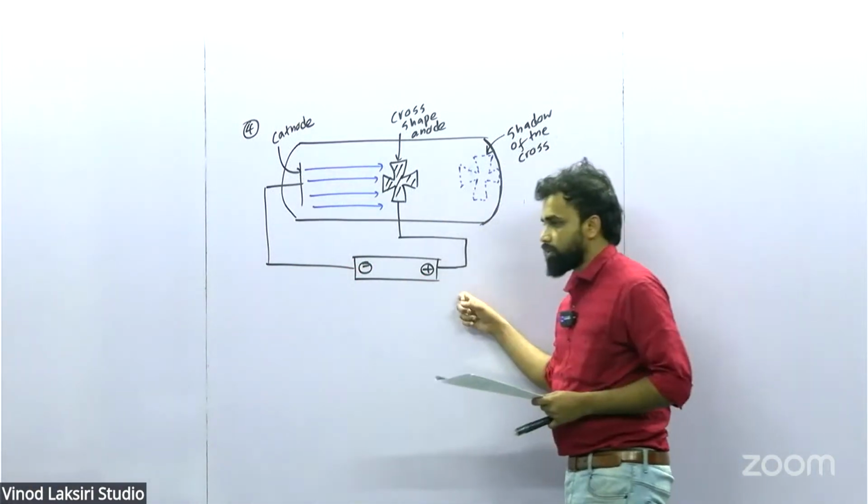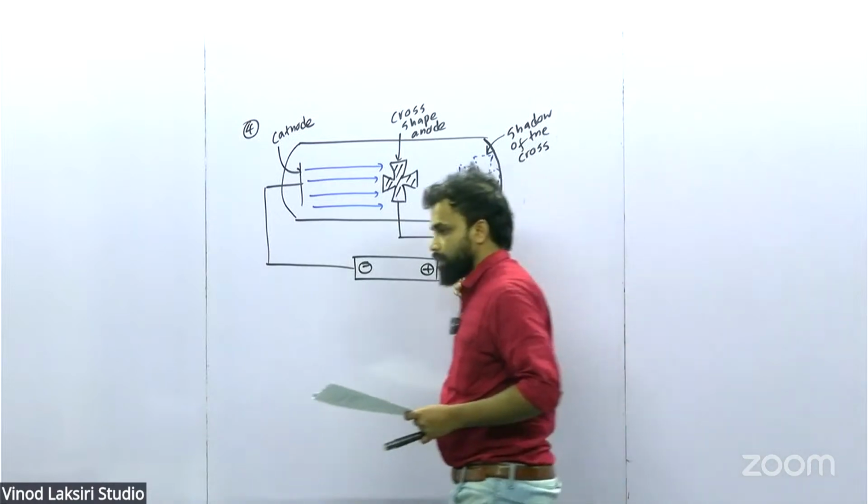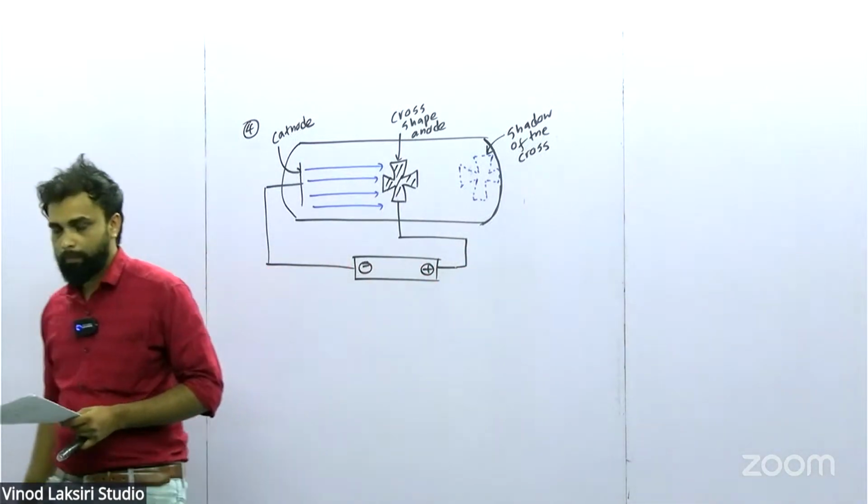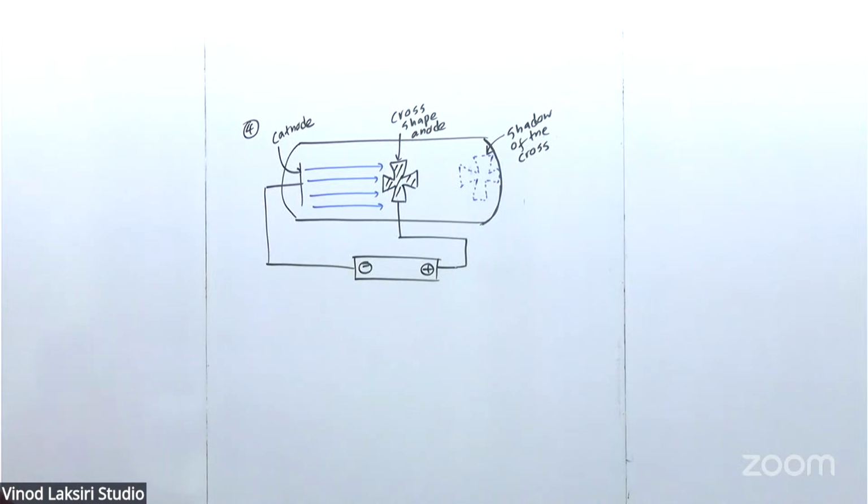Now draw this diagram. There is a cross-shaped anode, then we can observe a shadow behind the cross-shaped anode.